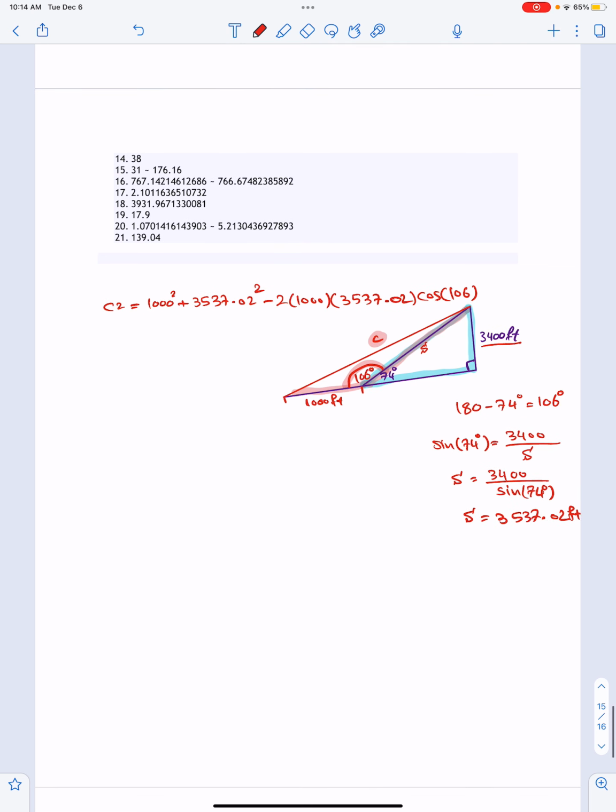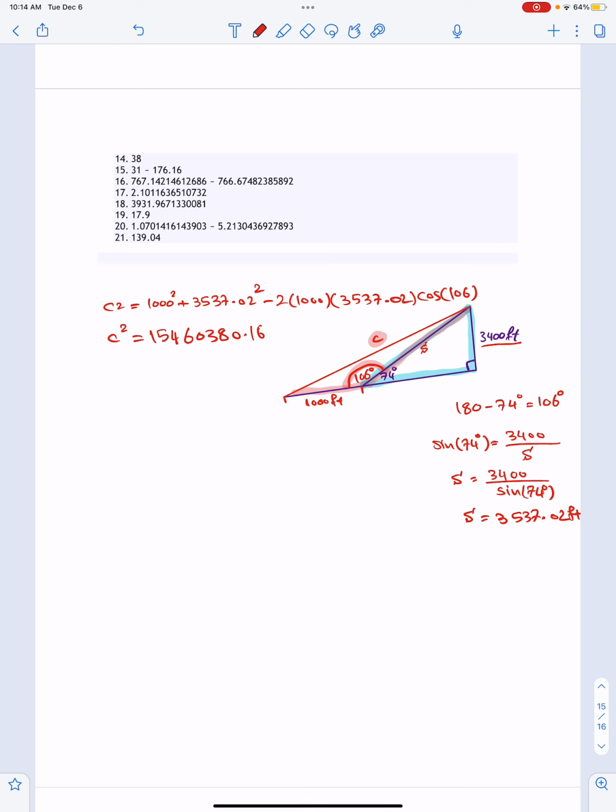I'm going to plug that into my calculator. So this is going to be 1,000 squared plus 3,537.02 squared minus 2 times 1,000 times 3,537.02 times cosine 106. And the answer here, C squared, is approximately 15,460,380.16.